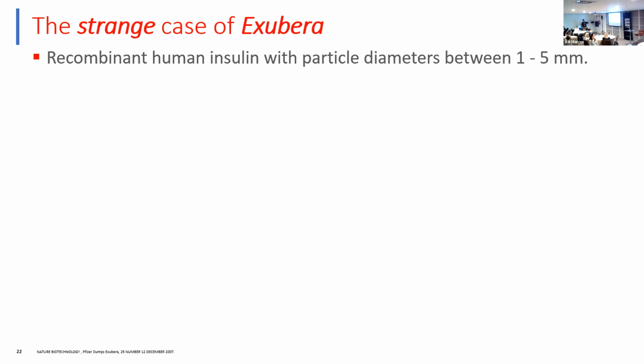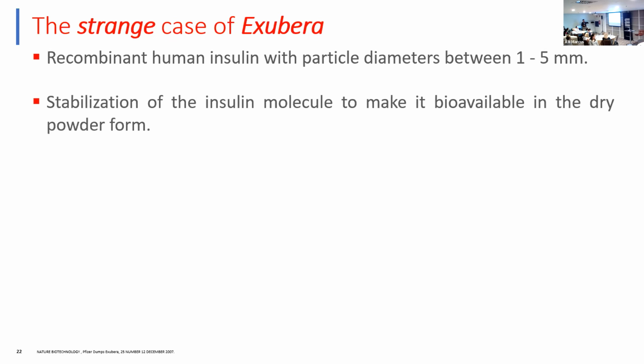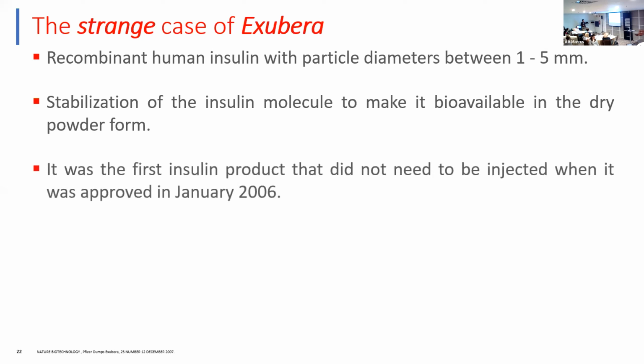So in terms of pharmaceutical point of view, this is a huge technological achievement. They are able to stabilize the insulin molecule to make it bioavailable in a dry powder form. And it was the first insulin product when it came to the market in 2006 that could be administered via inhalation. So this was really a huge innovation at that time.